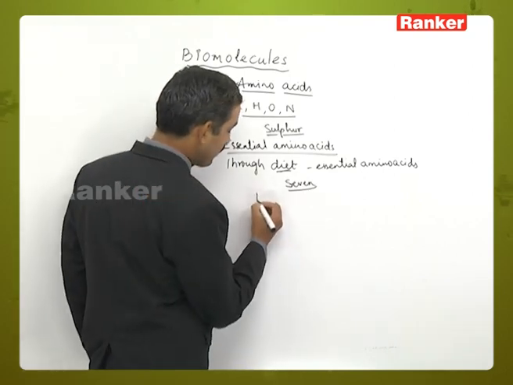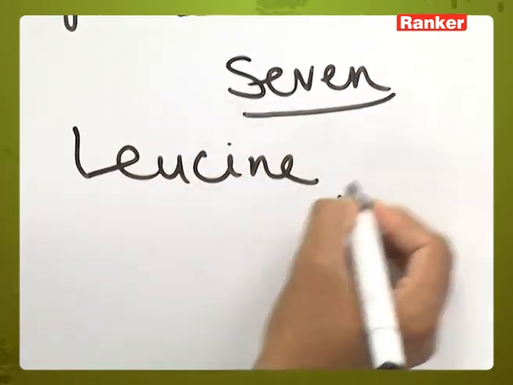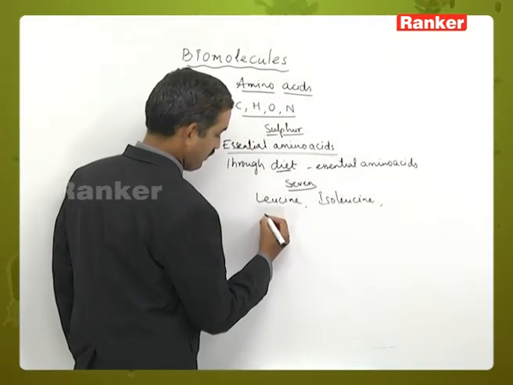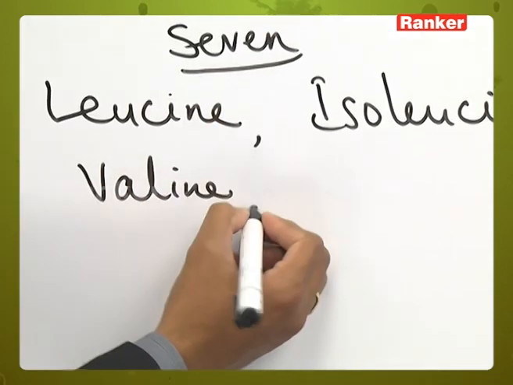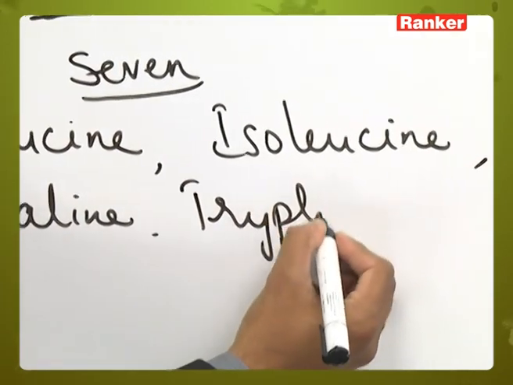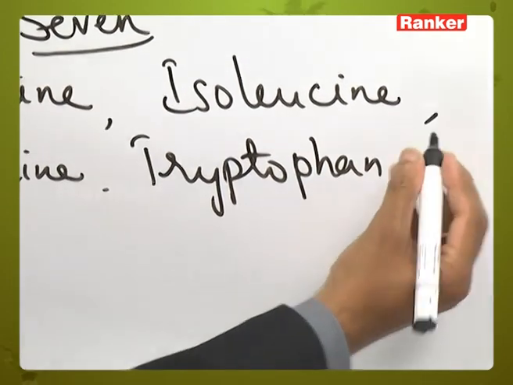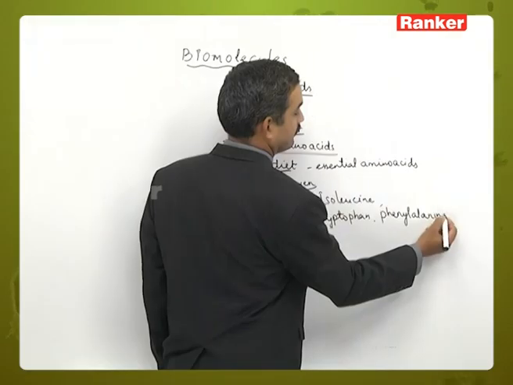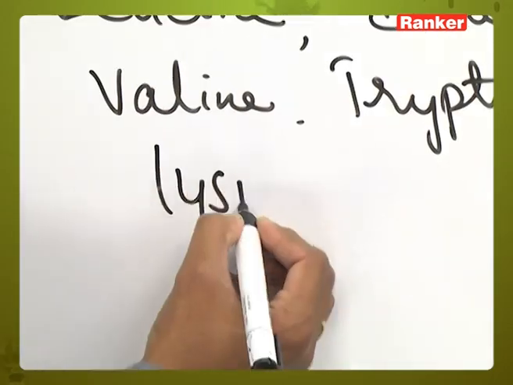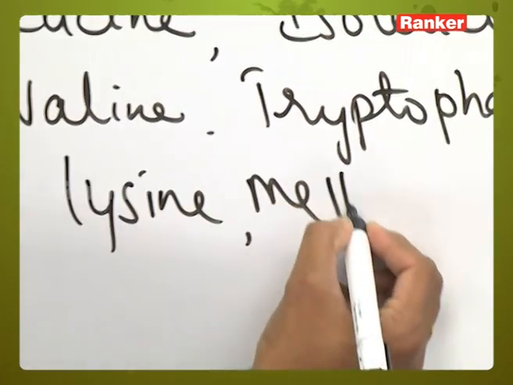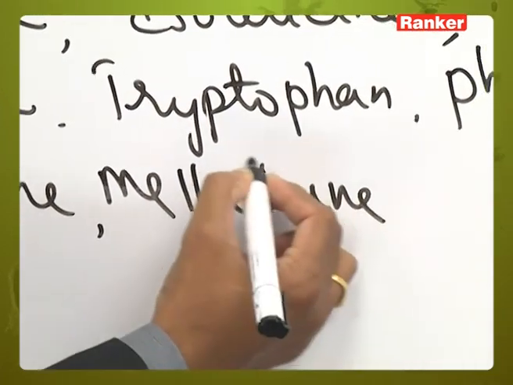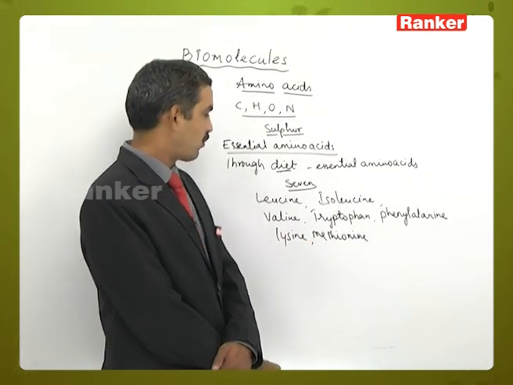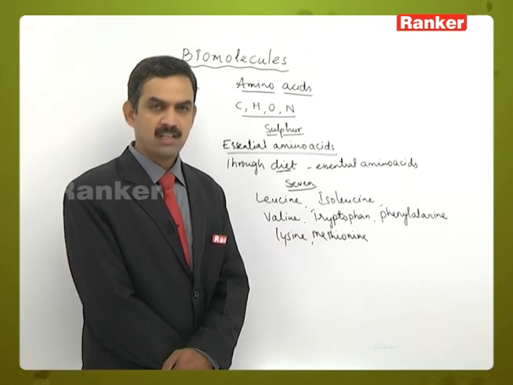Those are leucine, isoleucine, valine, tryptophan, phenylalanine, lysine and methionine. So these are the 7 essential amino acids which are required by the animals and derived through diet.